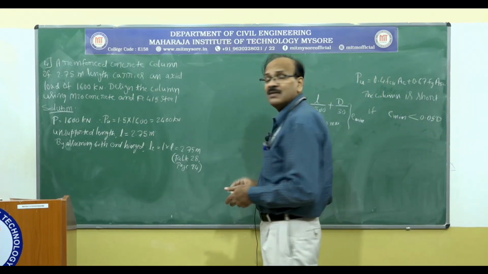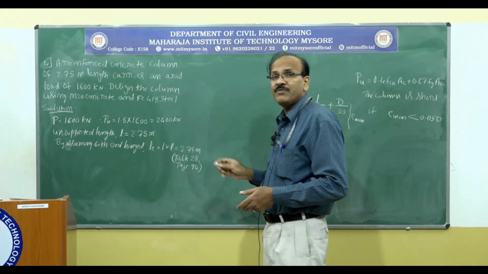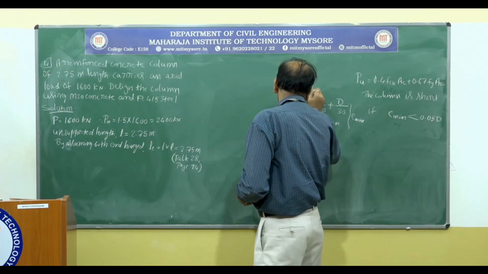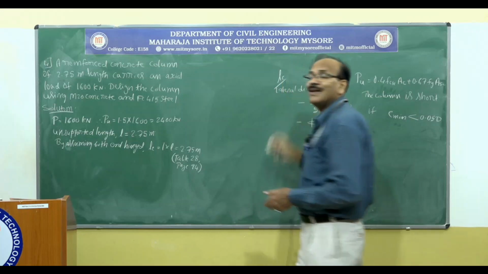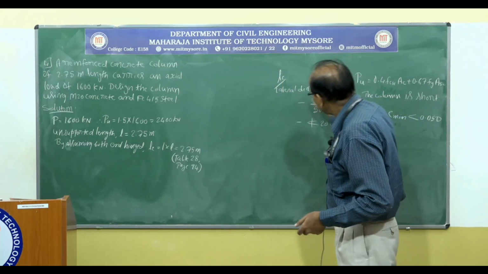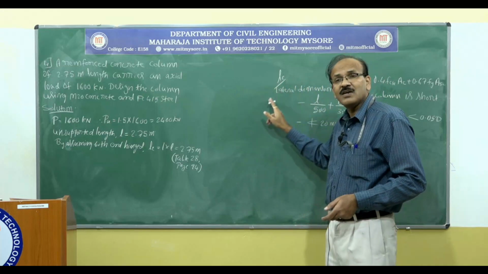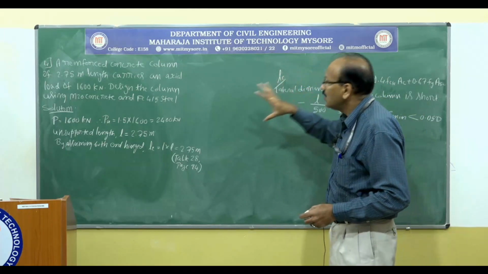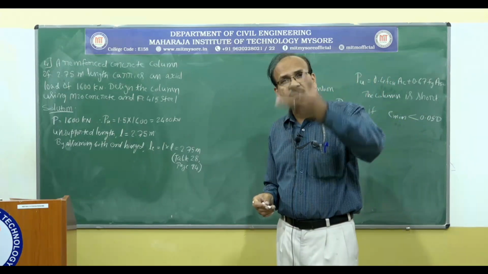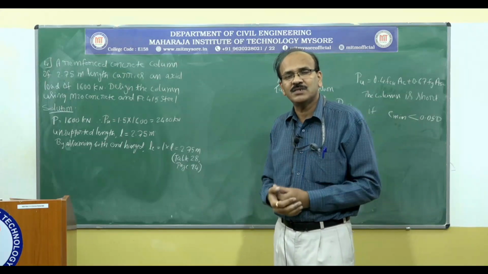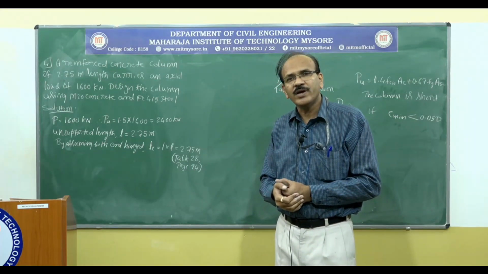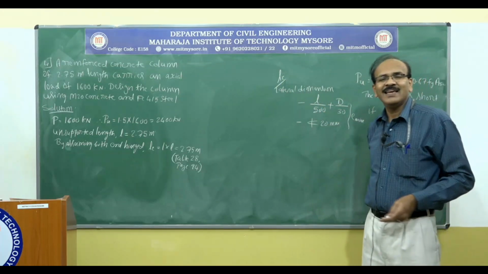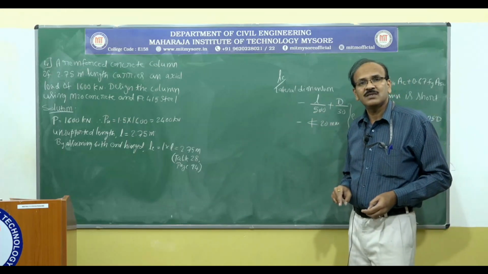Effective length divided by lateral dimension. But we don't know the size of the column, so we cannot decide whether the column we are going to design will be short or long, because that depends on its dimensions. And we also cannot check this condition, since we don't know D, which is one of the dimensions.